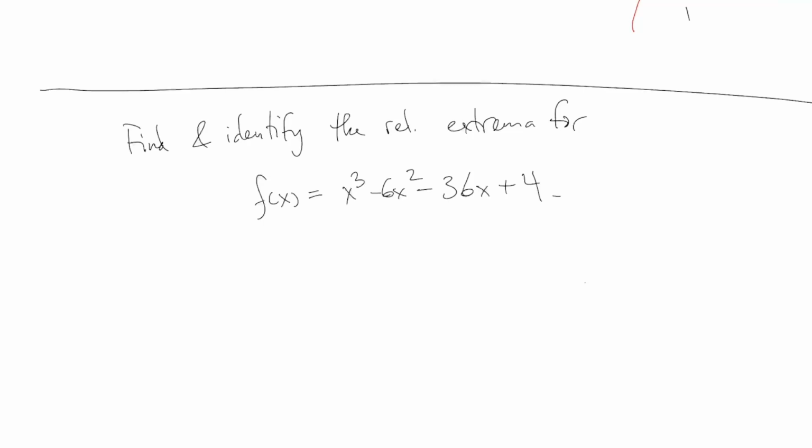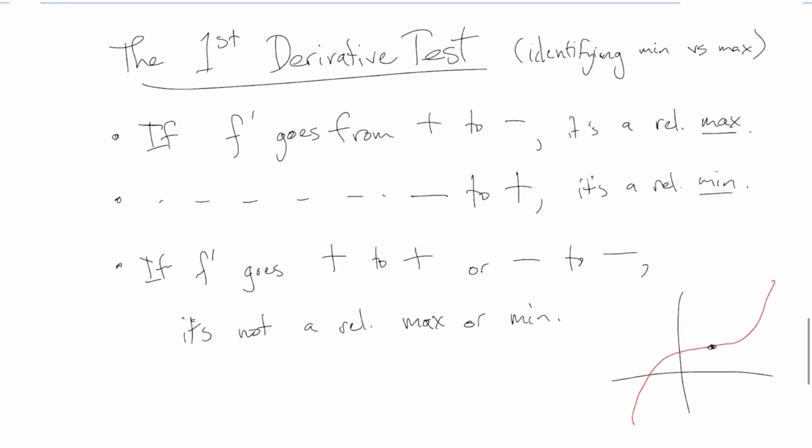But this is not your final answer. Yeah, so this is the rule. For instance here it goes plus and then minus. Plus and minus means it goes up and then back down, so that point is at the top. And if it was just plus, that would be nothing.